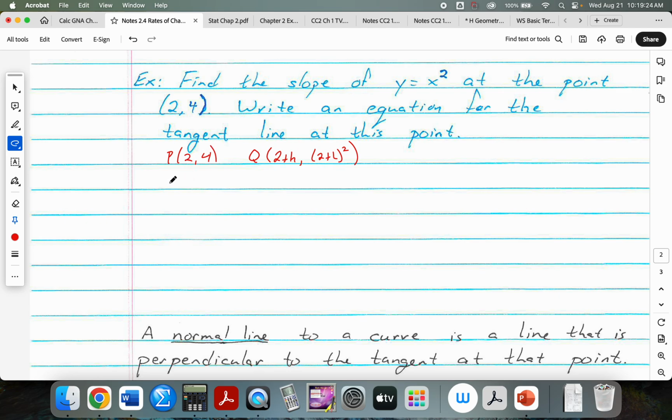So the slope for PQ, or the slope of the secant, is going to be equal to the change in y over the change in x. You can do it in any order, but it's generally easier if you do Q then P. So that'll be (2 plus h) squared minus 4 over 2 plus h minus 2.